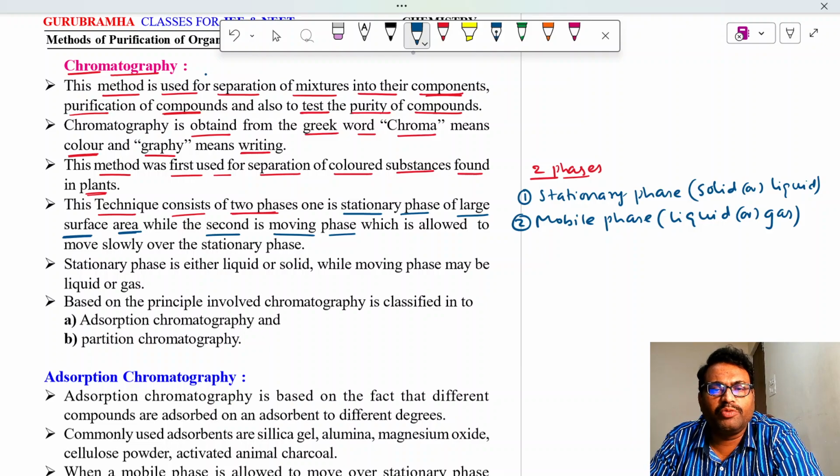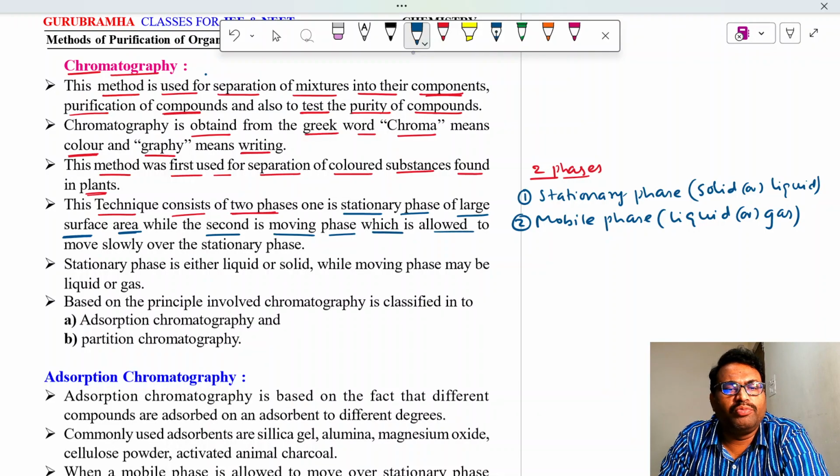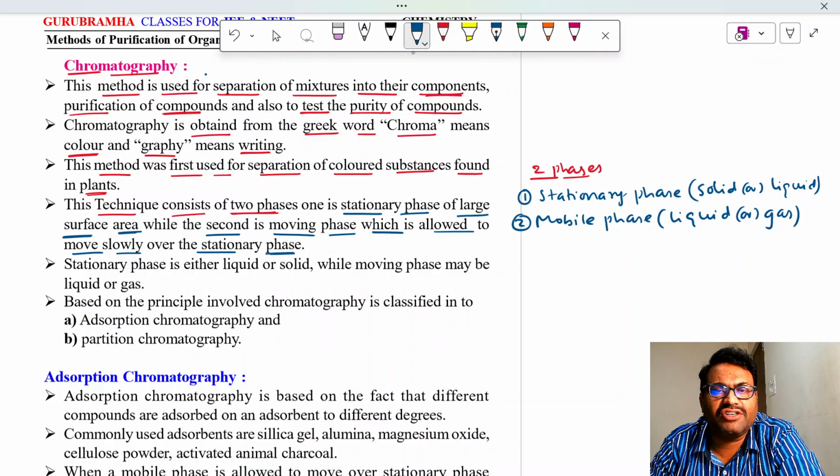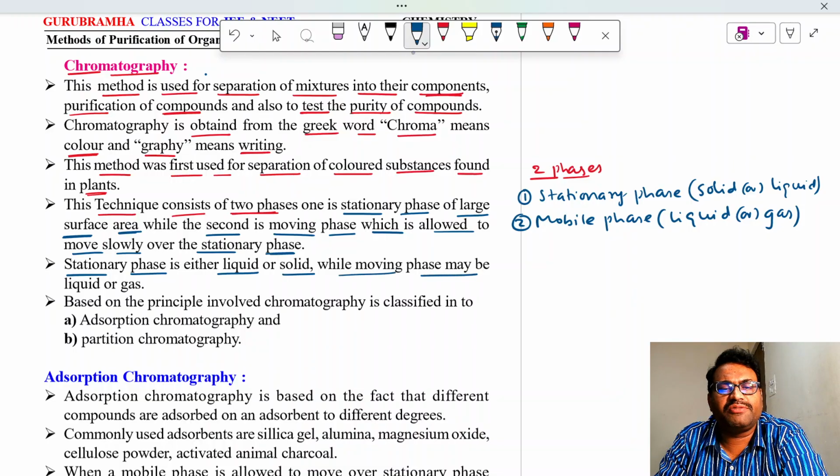Mobile means moving phase, which is allowed to move slowly over the stationary phase. The stationary phase does not move. Who moves? The mobile phase moves over the stationary phase. So the stationary phase is either liquid or solid, while the moving phase may be liquid or gas.